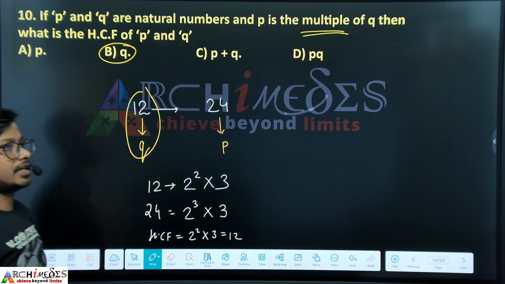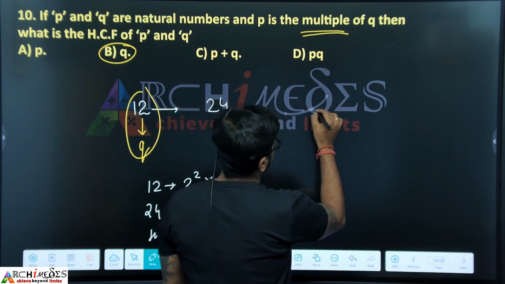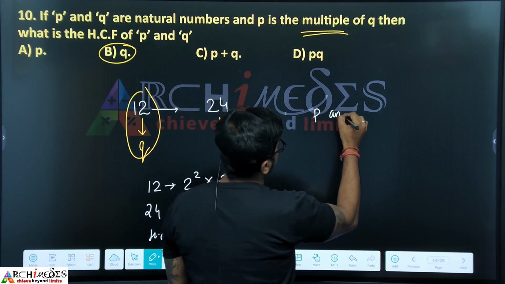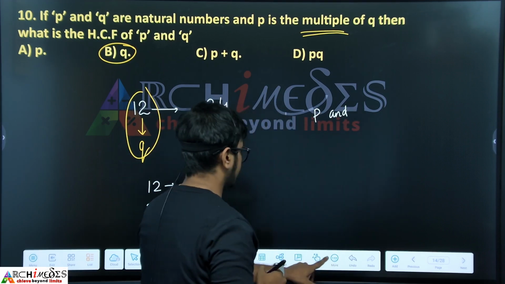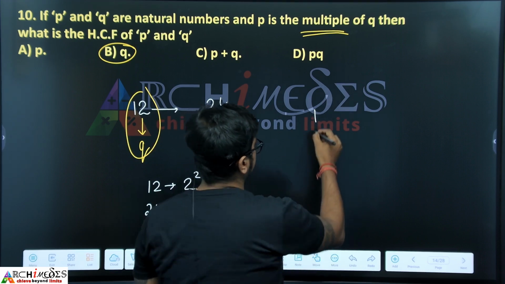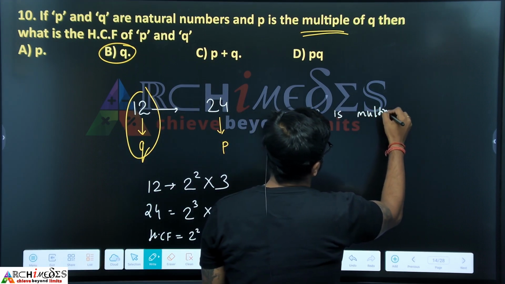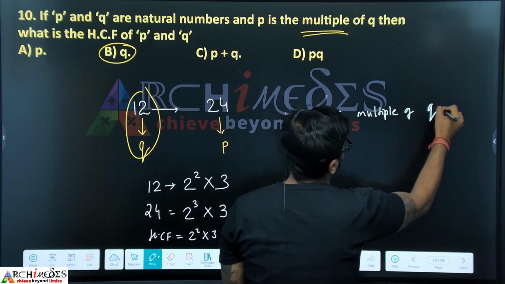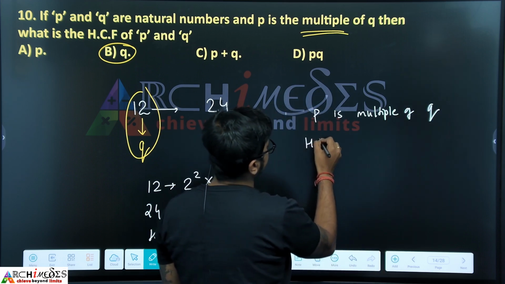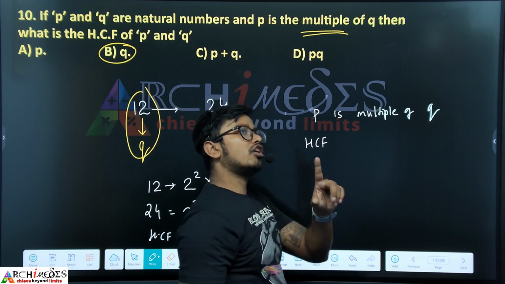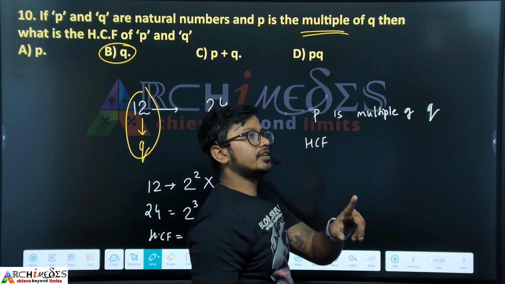And one more thing to see here. Suppose, look, this is the question. So P is a multiple of Q. So if you want to find out the HCF, what is the HCF? Smaller. HCF is smaller.